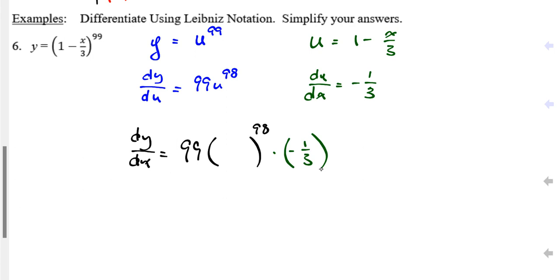But right away, I'm going to replace the u with 1 minus x over 3. And I'm not going to expand it, but I will multiply the negative 1/3 to get negative 33 times 1 minus x over 3 to the 98th.